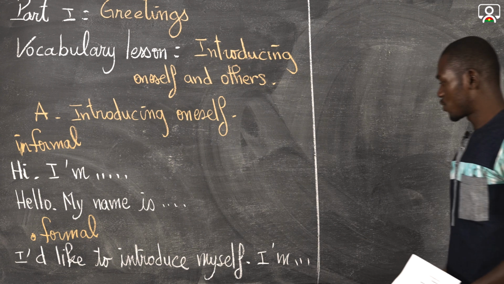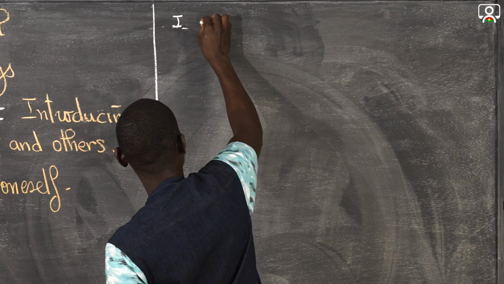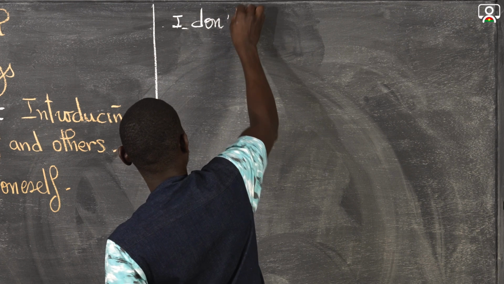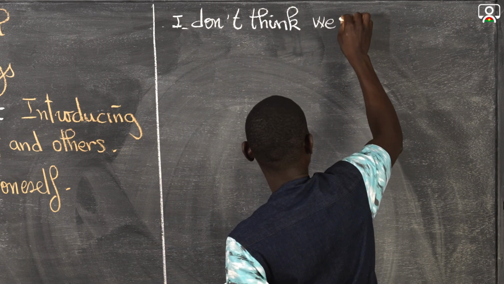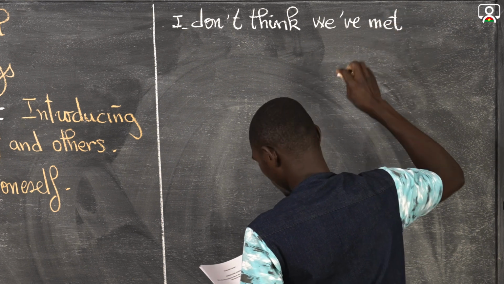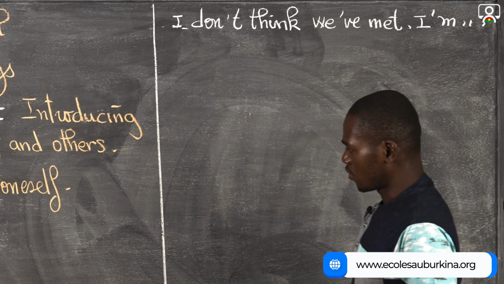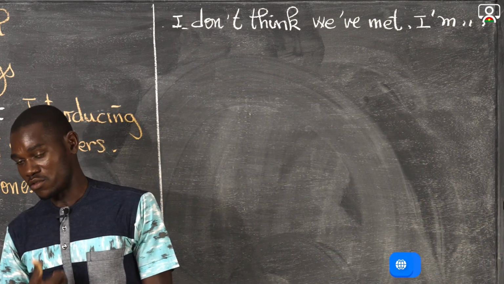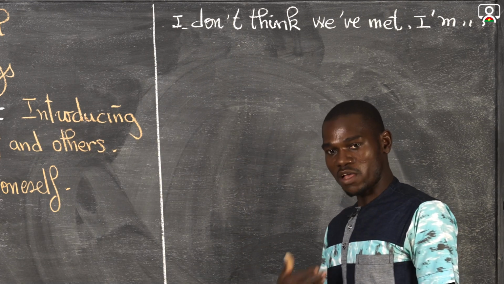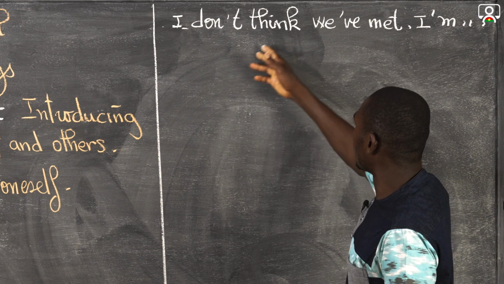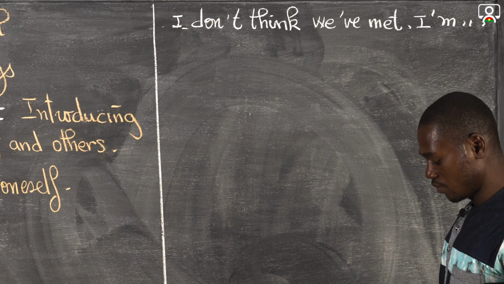I'm... Or, I don't think we've met. I'm... You see, if I have to introduce myself, I can, for example, say, I'd like to introduce myself. I'm Mr. Somé. Or, I don't think we've met. I'm Mr. Somé. Okay? Good.